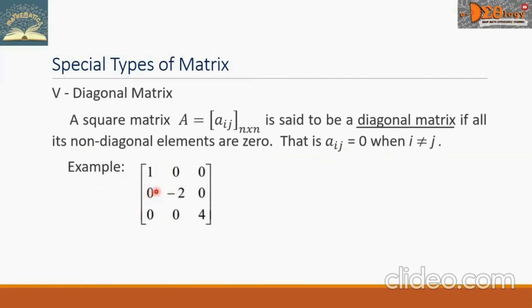Example, we have 1, 0, 0, 0, negative 2, 0, 0, 0, 4. We can see that the elements in the main diagonal are 1, negative 2, 4, and the remaining elements are all 0. This is a diagonal matrix of order 3.